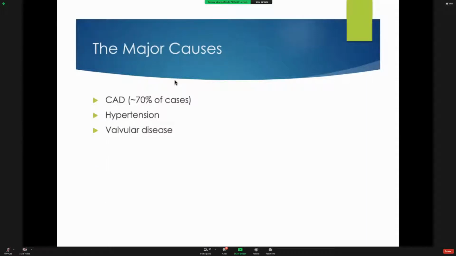The majority of the causes of heart failure is due to coronary artery disease, so 70% of the cases. The other major causes for heart failure are hypertension and valvular heart disease like aortic stenosis and mitral regurgitation.